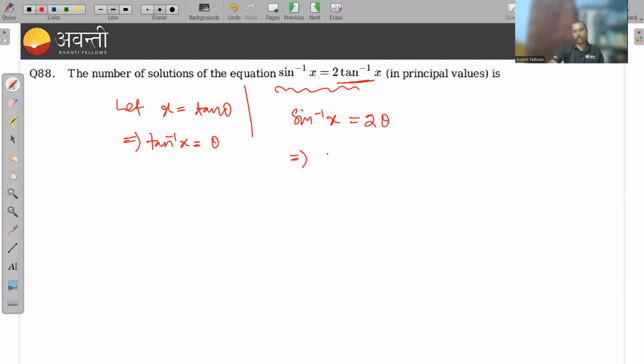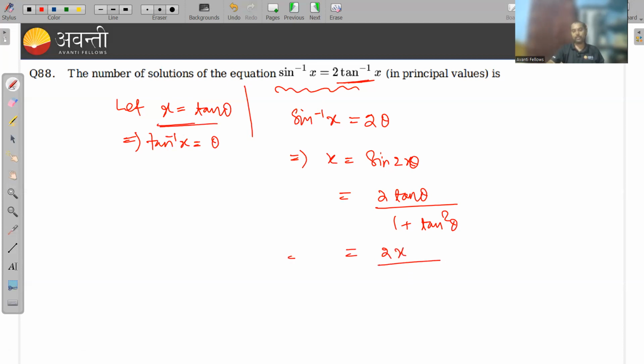So now we can write x is equal to sine 2 theta. The formula for sine 2 theta in terms of tan is 2 tan theta divided by 1 plus tan square theta. Since tan theta is x, we get x is equal to 2x by 1 plus x square.